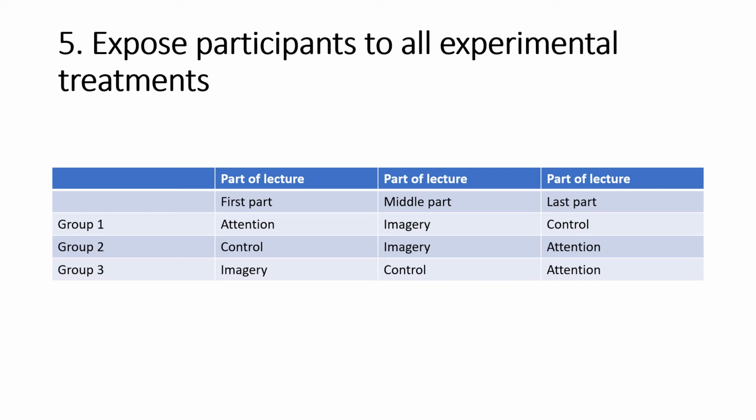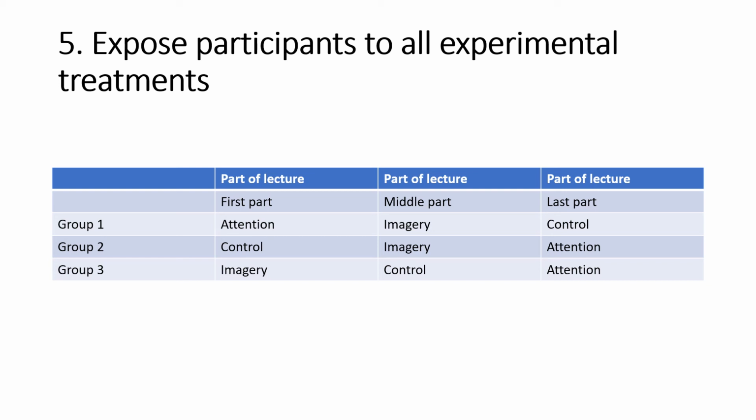The researcher divided the lecture into 3 parts of approximately equal length and wrote 3 versions of each part, one version each for the imagery, attention, and control conditions. She combined the 3 versions of the 3 lecture parts such that each class received the different treatments in a different sequence, as you see on your screen.